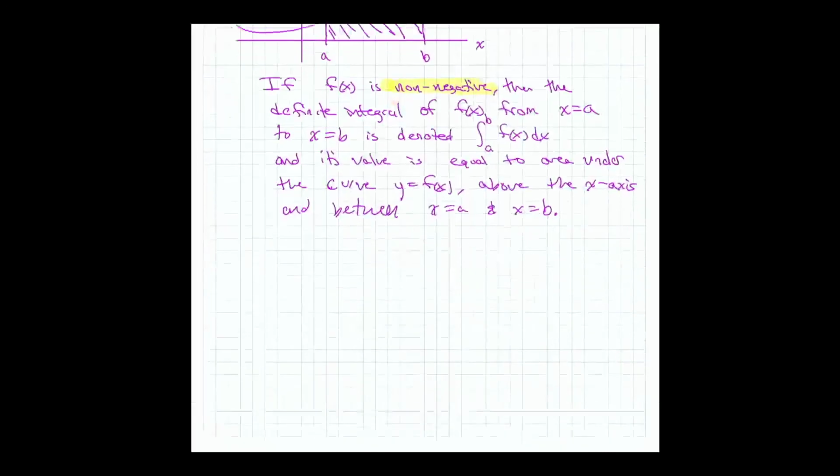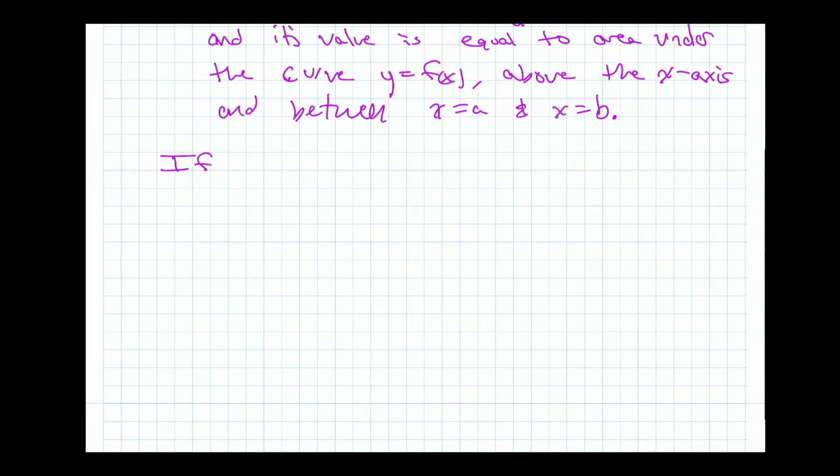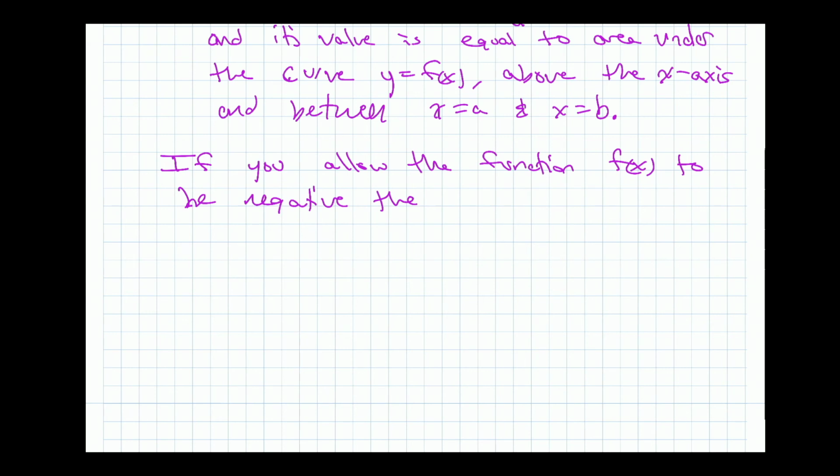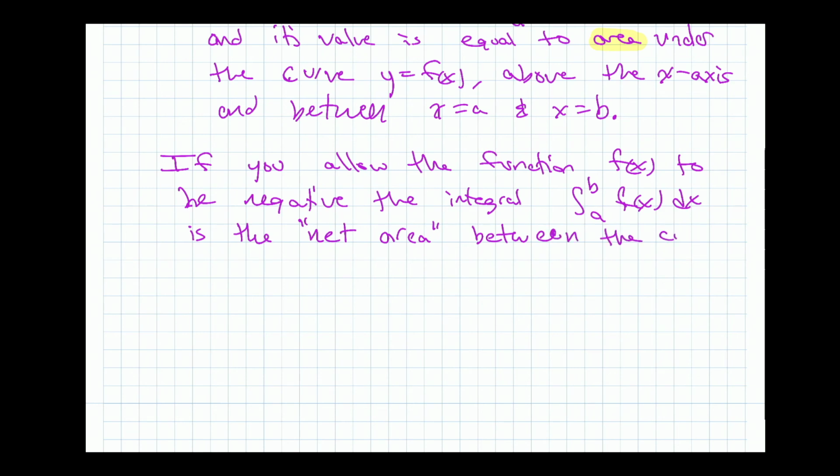If you have a general function like this, if you want to allow the function f of x to be negative, then the definite integral from a to b of f of x dx is what we would call the net area between the curve and the x-axis between a and b.